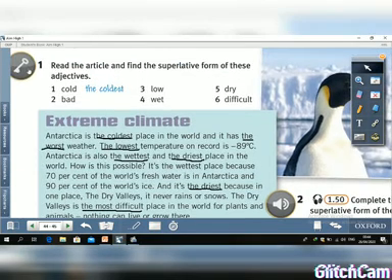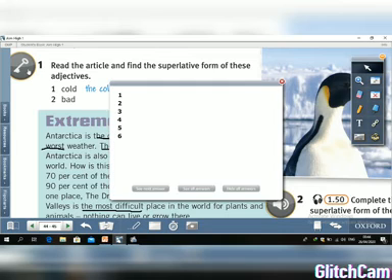Let's solve them. Low, yes, the lowest. Dry, yes, the driest. Difficult, yes, it's a long adjective to become the most difficult. Wet, the wettest. I will double the last letter. And bad, it's an irregular adjective, the worst.